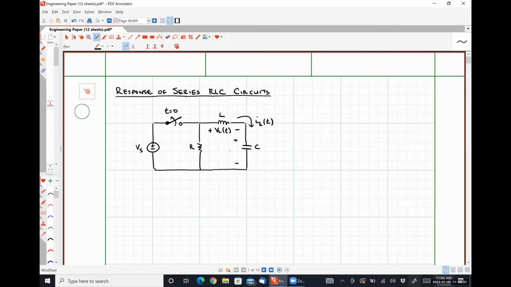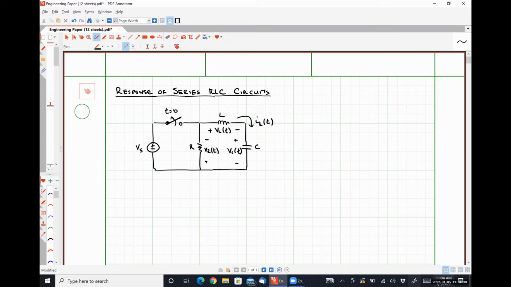The voltage drop over my capacitor VC of t will have this polarity, and the voltage drop over my resistor VR of t will have positive polarity on bottom, negative polarity on top, so that our inductor current IL of t will flow into the positive polarity terminal of all of the elements during the transient condition, right?